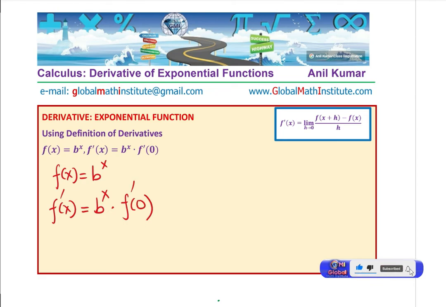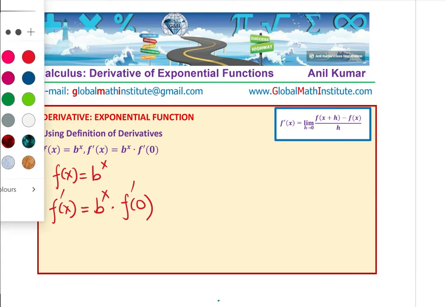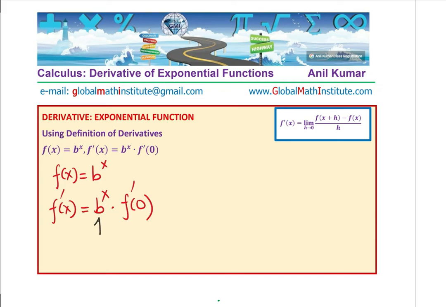Now here, derivative at 0 is a constant, right? So what are these two things? This term here is the value of the function at x, right? b to the power of x.